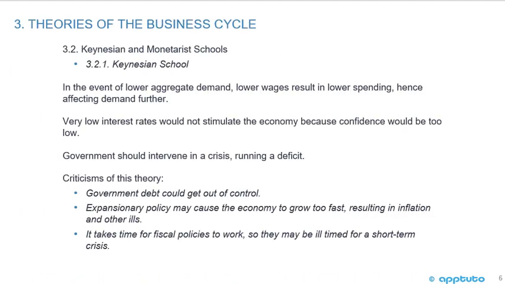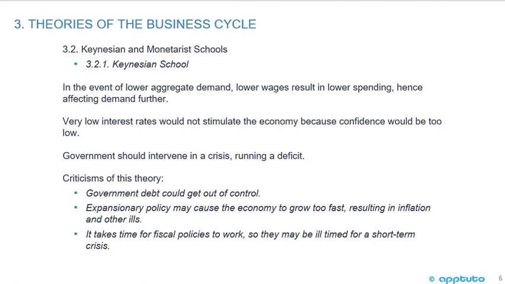So continuing with the theories of the business cycle, now we're going to look at Keynesian and monetarist schools. So the Keynesian school, in the event of lower aggregate demand, lower wages will result in lower spending, hence affecting demand further. Very low interest rates would not stimulate the economy because confidence would be too low. The government should intervene in a crisis, running a deficit.